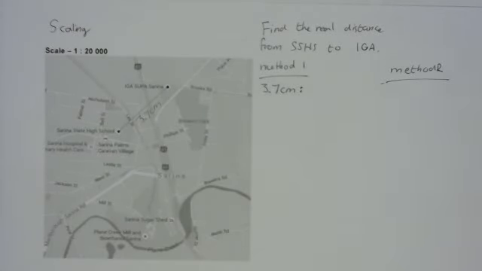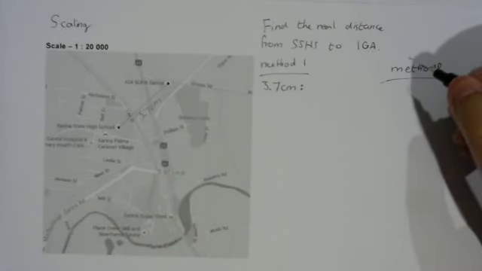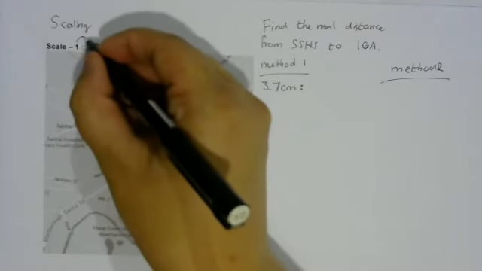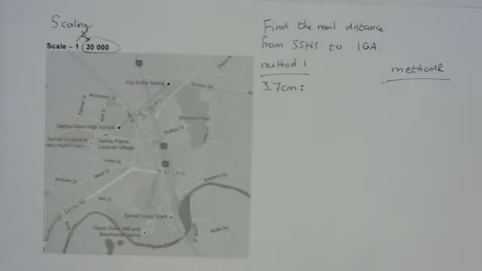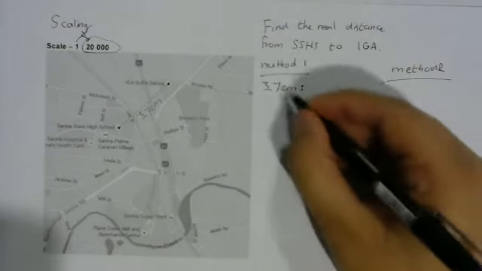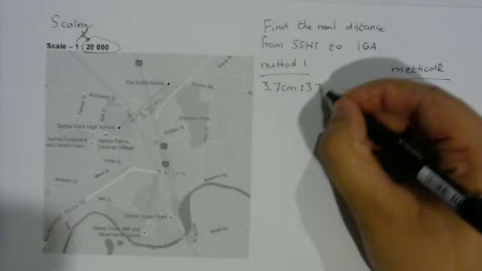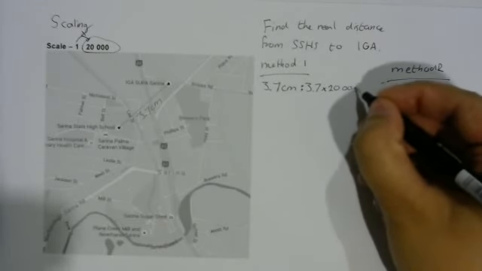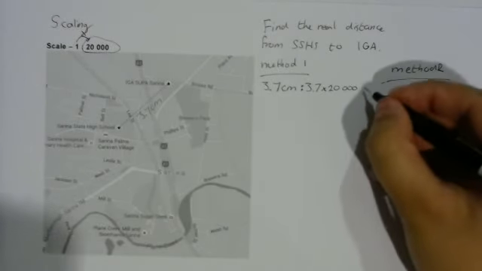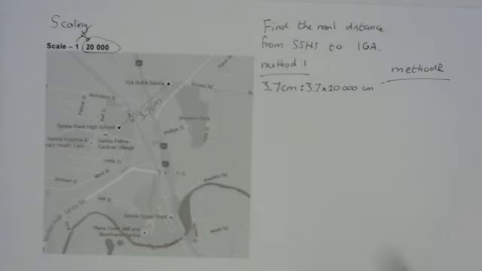And to scale up to the real life equivalent, we're going to multiply by this scale factor. And it's always given on our maps. So this 3.7 centimeters is going to be equivalent to 3.7 times 20,000, and that will still be centimeters.